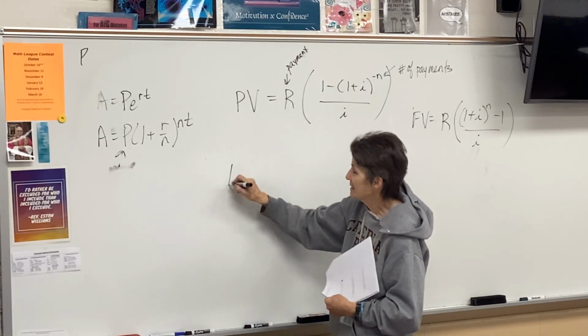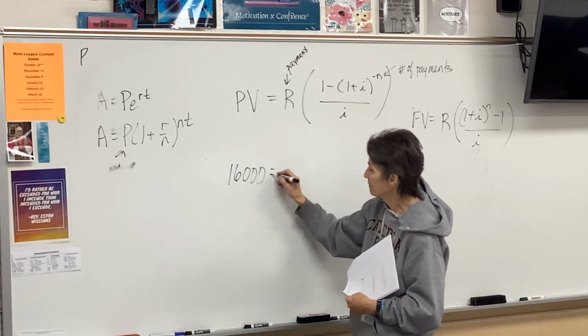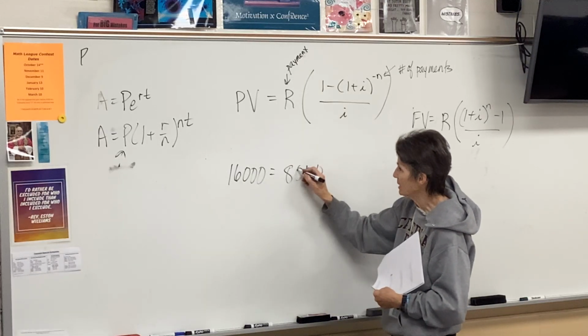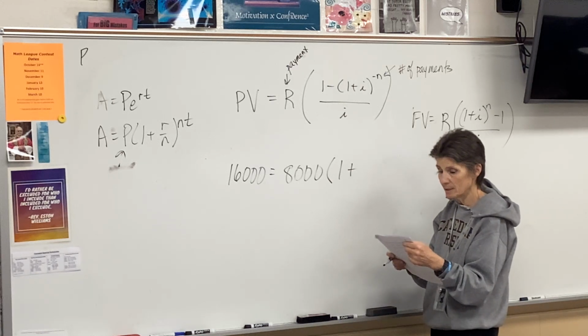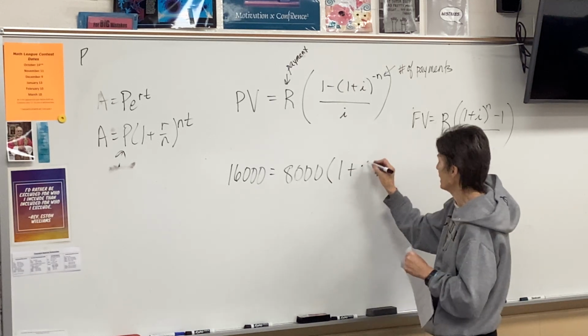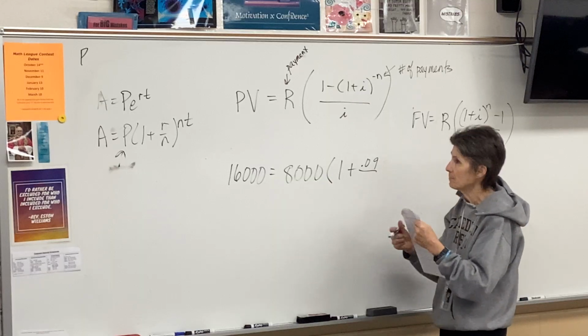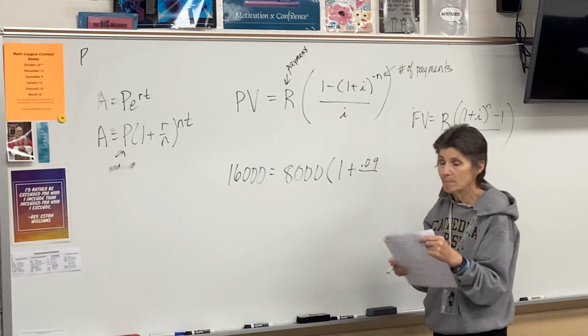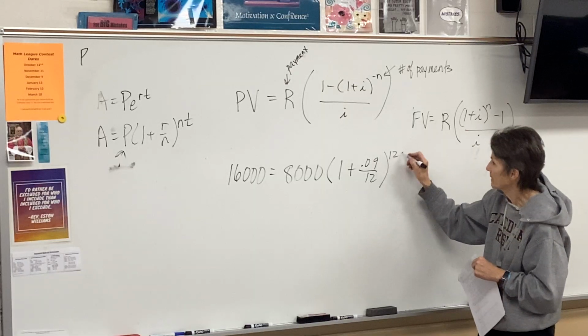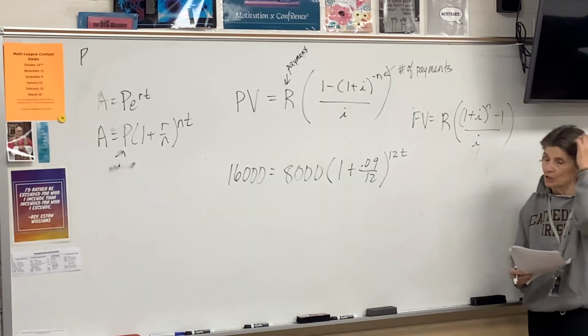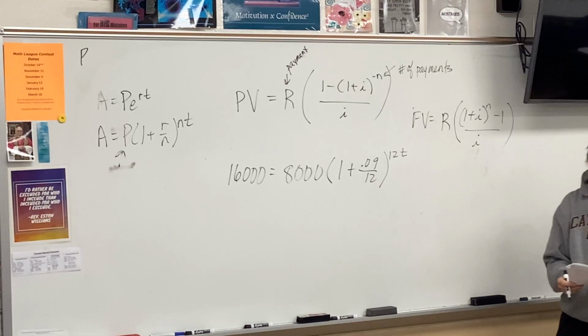So 16,000 equals 8,000. Her interest rate is 0.09. Oh man, we wish, don't we? Compounded monthly. And we want to know how many years she's going to have to wait.